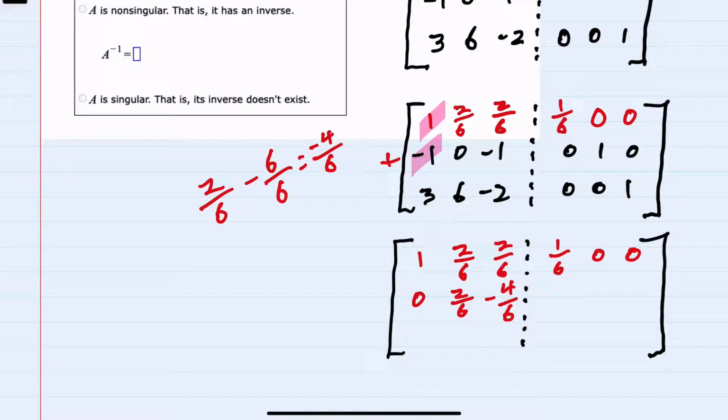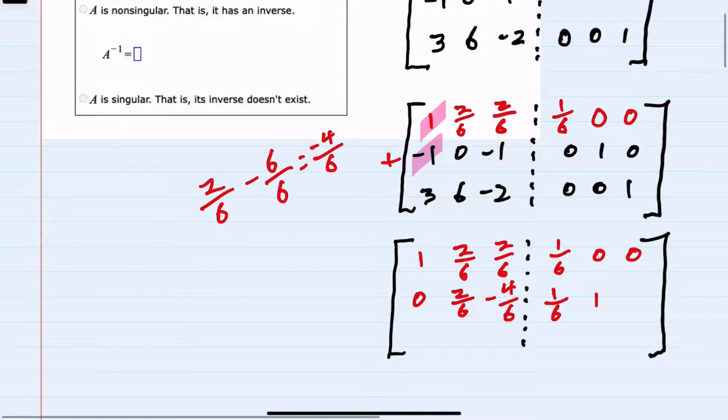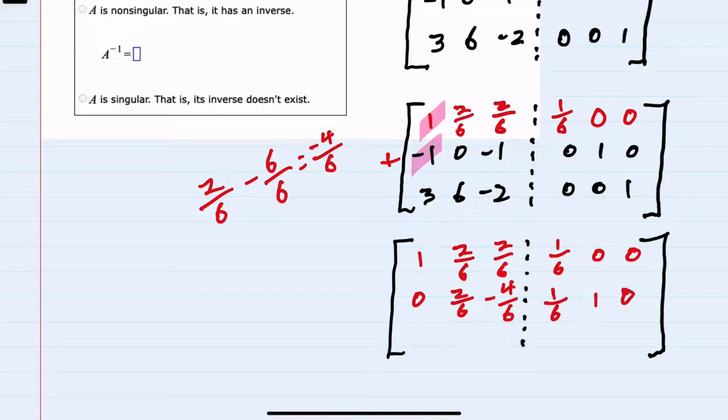Then continuing my addition on the right hand side, 1/6 plus 0 is 1/6, 0 plus 1 is 1, and 0 plus 0 is 0. Again, I'm just adding row 1 and row 2. So far so good. I have given myself a 0 in that second space, but I also want a 0 in this first column for the third spot as well.